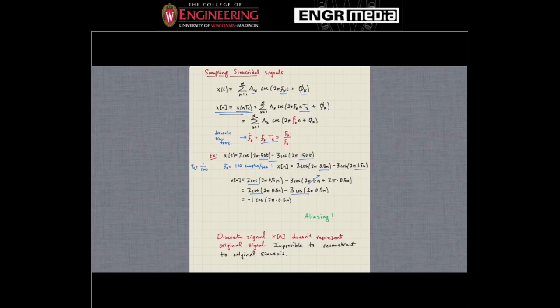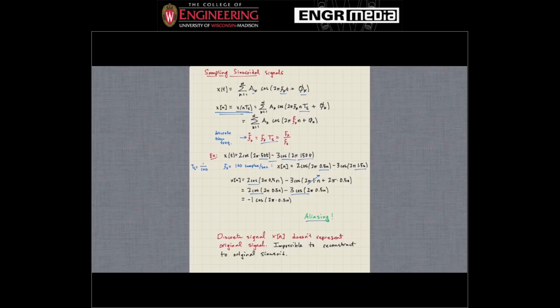So something happened here, and this is what's called aliasing. Okay? What we did is we sampled too slowly. Our sampling frequency was not high enough. And when we did that, it caused the second term, 3 cosine 2 pi times 150t, to actually alias. Okay?